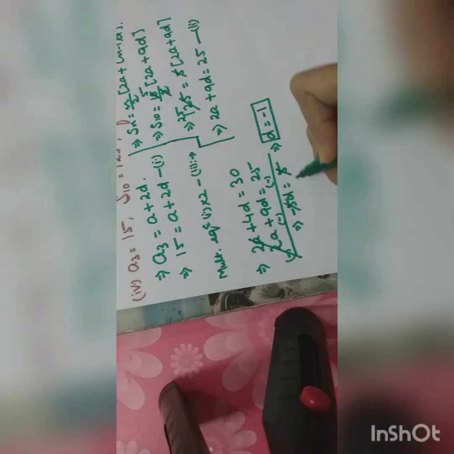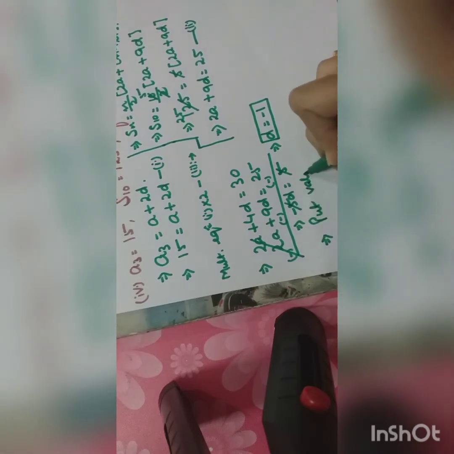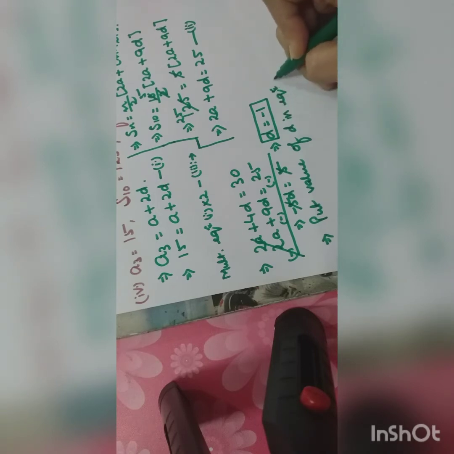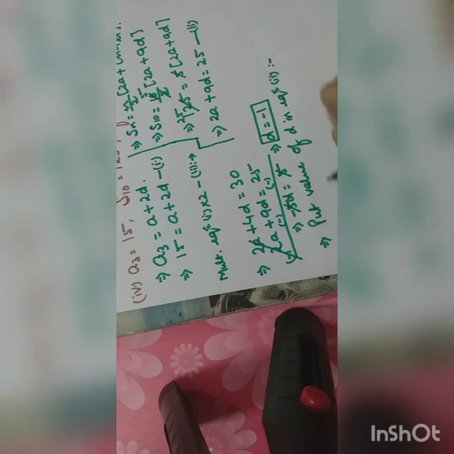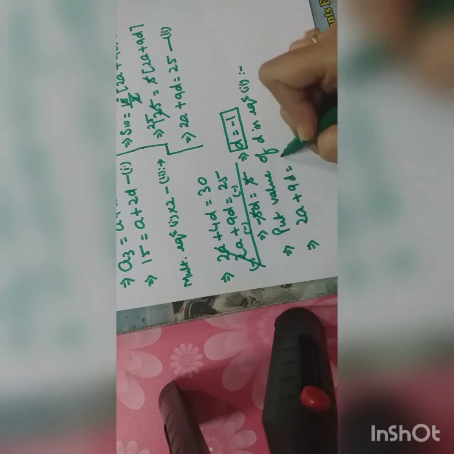So what I am doing is putting the value of D in equation 1. You can put it in equation 1 or 2 as per your wish. See, I am putting it in equation number 2. So my equation number 2 is 2A plus 9D equals 25.